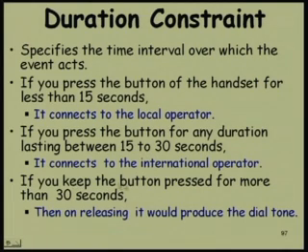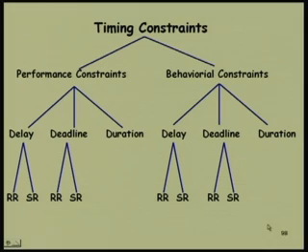Now, if you keep the button pressed for more than 30 seconds, let us say if you release after 30 seconds, you will get a dial tone and you can dial a number. Such systems do exist, but we do not use them too frequently. The normal telephone system that we use does not work this way, but this is an example of a telephone system which exists and is meaningful in several situations.